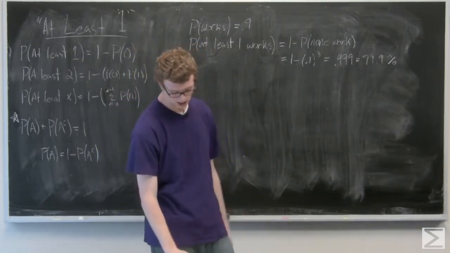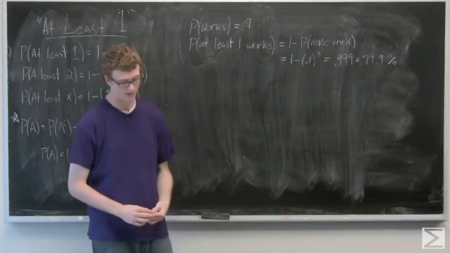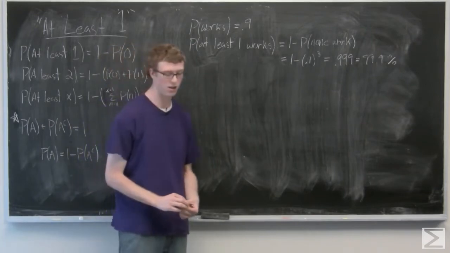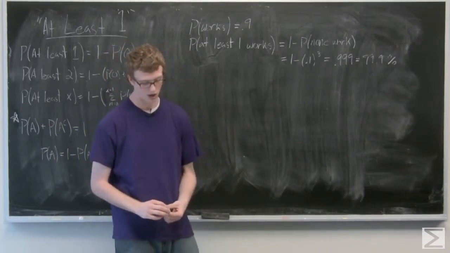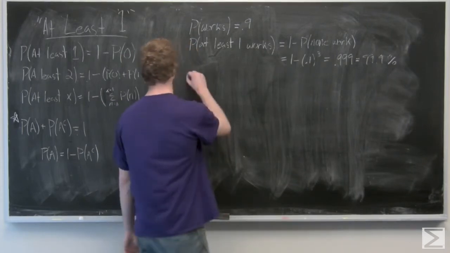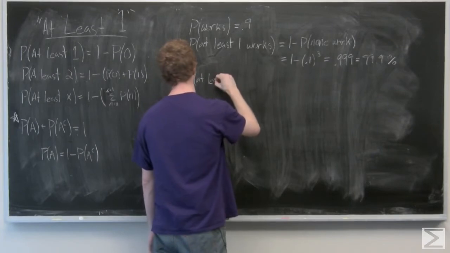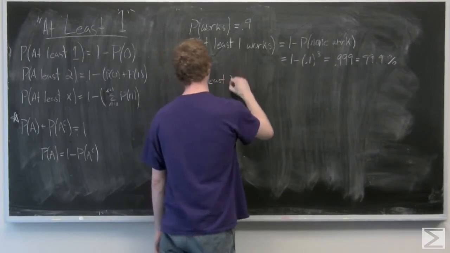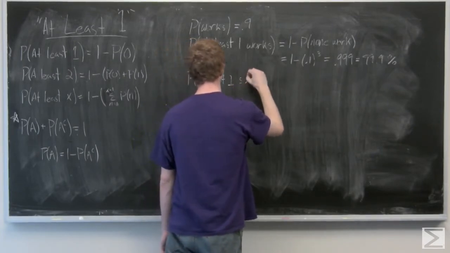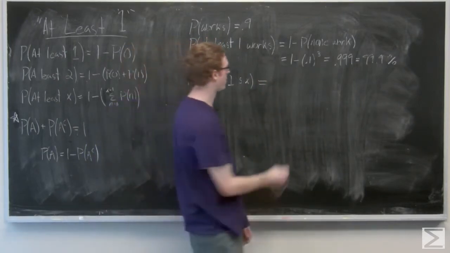So now we're going to take a look again at some dice rolls. We're going to take a look at 5 dice rolls, and the question asks, in 5 dice rolls, what is the probability that we get at least one 6? Well, that's going to be 1 minus the probability that we don't get a 6.